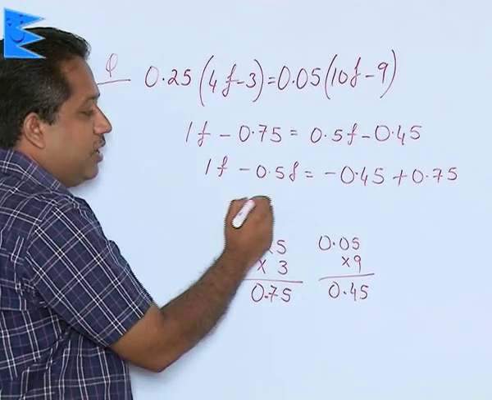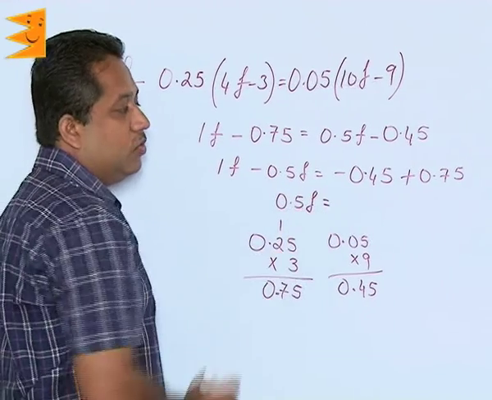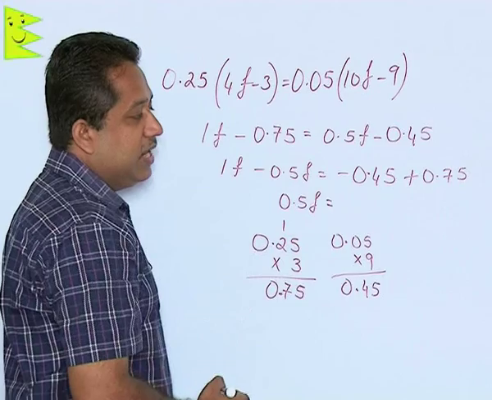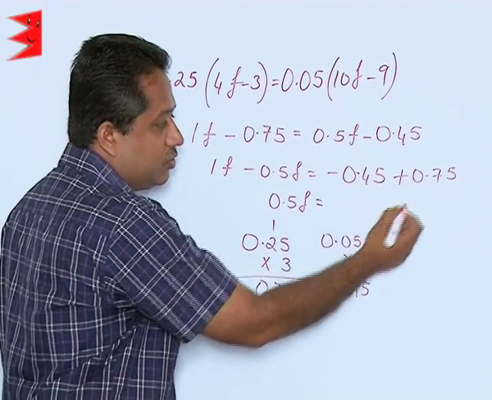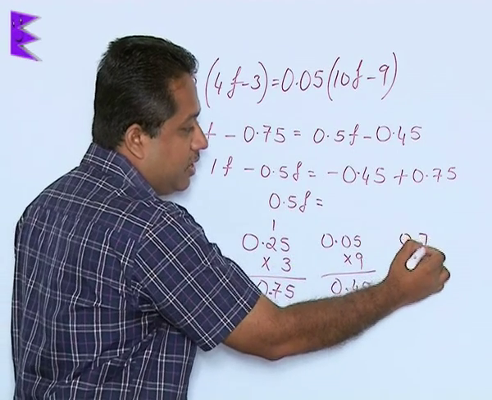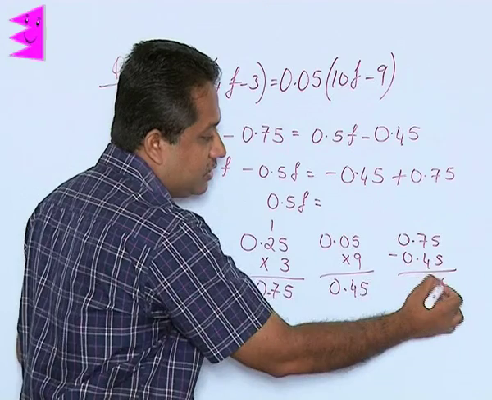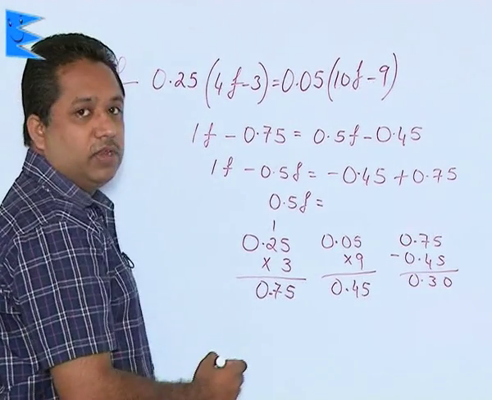Now, 1 minus 0.5 we know is 0.5f is equal to, there is a plus here and there is a negative. So, plus and minus means negative, which means that you will have to subtract. So, 0.75 minus 0.45 is going to give us 0.30, or we can simply write it as 0.3.